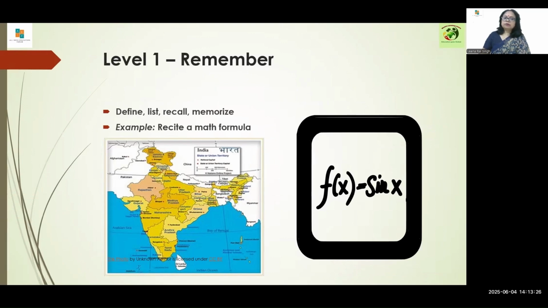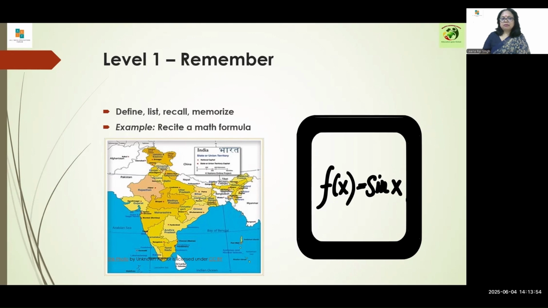As we saw, it is talking about 6 levels. Now we will try and understand what each level of Bloom's taxonomy is talking about. Level 1 says remember, knowledge. So how can it be done, how is it to be taken in the classrooms?